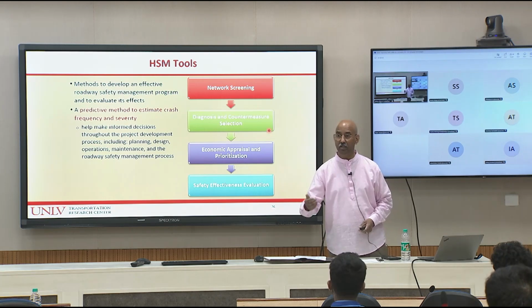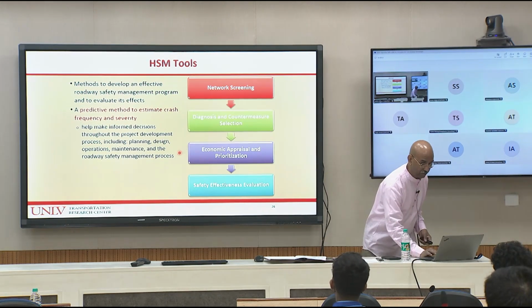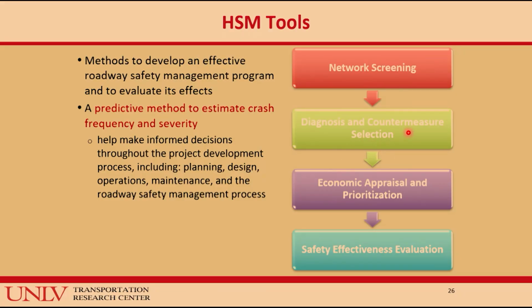Based on these, the second step is to come up with potential countermeasures, and for each countermeasure what would be the benefit, and based on the benefit is the economic appraisal, exactly the point you asked, Ritwik. And then after we deploy it we evaluate: did we actually achieve the gains that we projected?